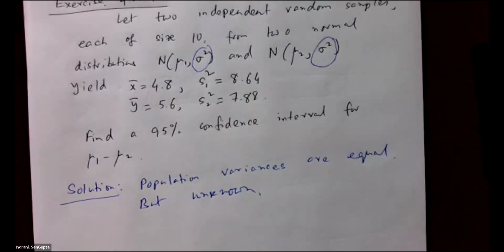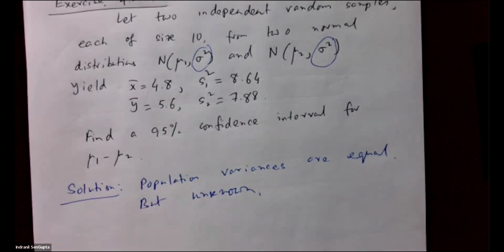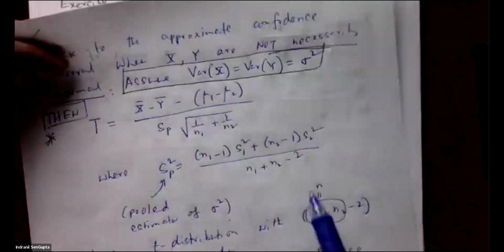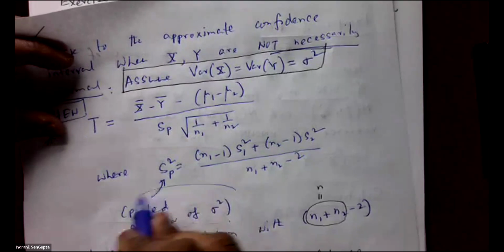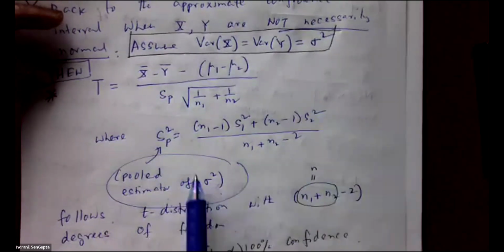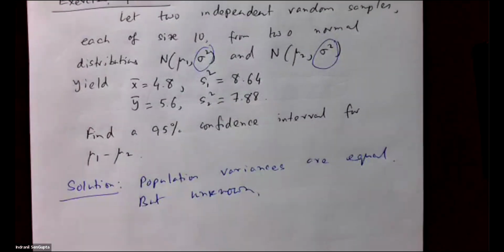So what we can do is use the pooled variance as an estimator of sigma squared. What is pooled variance? That's the thing that I wrote right here. It's an estimator for sigma squared. I didn't prove this one, but it's very easy to prove. So I'll be using pooled variance.